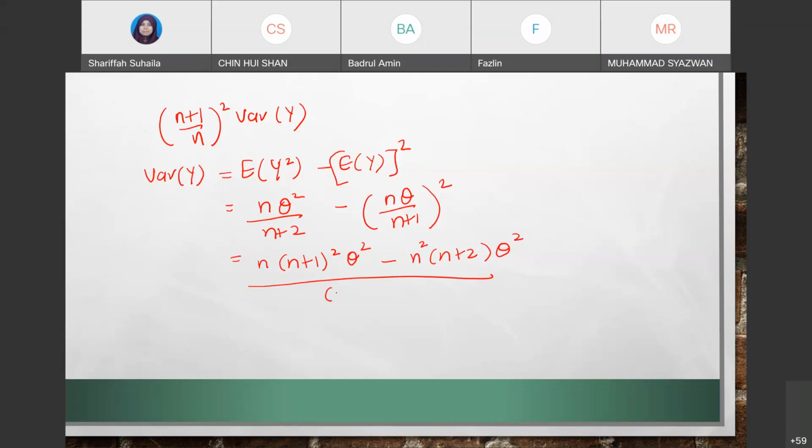Okay, so n plus 2, n plus 1. So n theta square, n theta square, n square theta square. Oh okay. Ini kena kembangkan lagi lah ya, sebab kamu ada n plus 1 square ni. Kita cuba dulu.